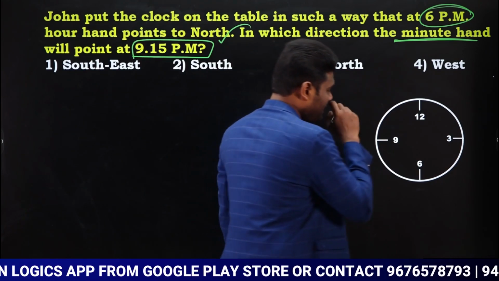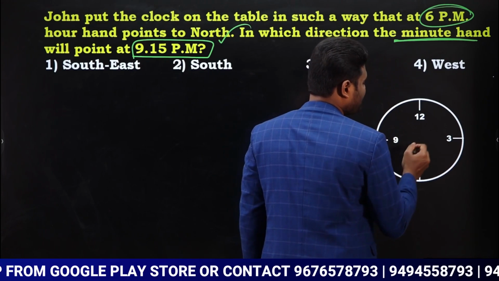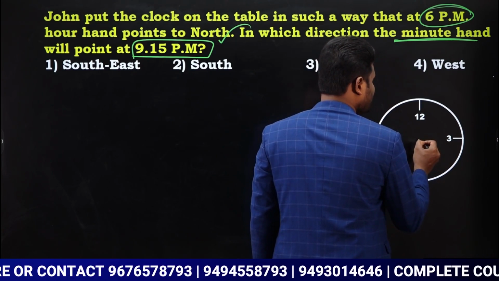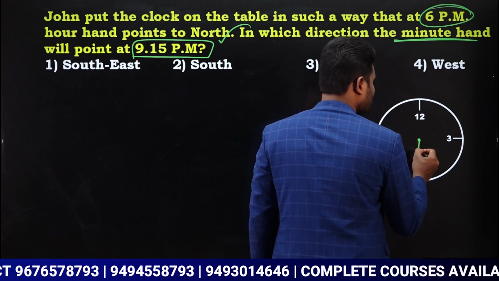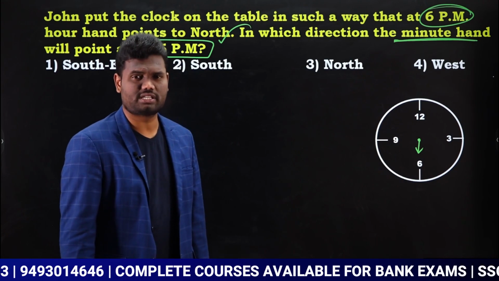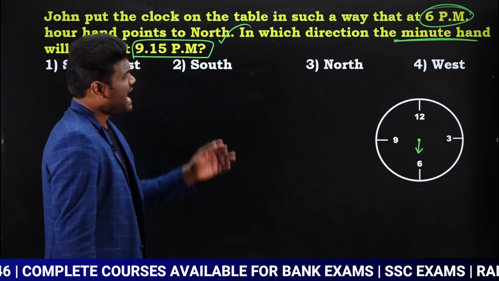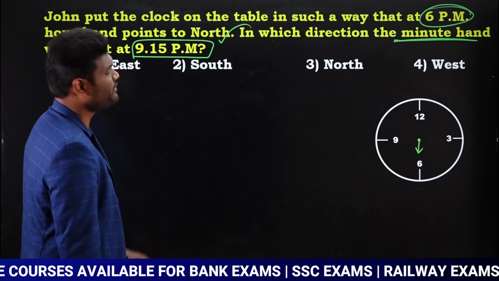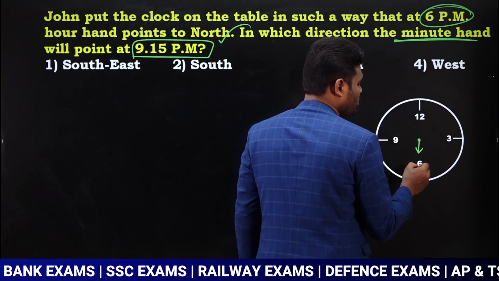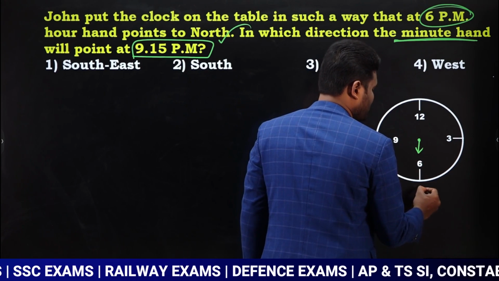Now observe here, when the time is 6 o'clock, the hour hand will be facing towards 6. In the question it is said that at 6 p.m. the hour hand is facing towards north, which means the hour hand facing towards 6 is nothing but north.